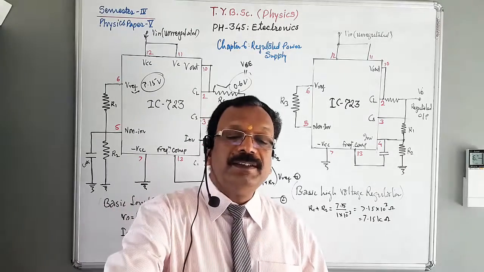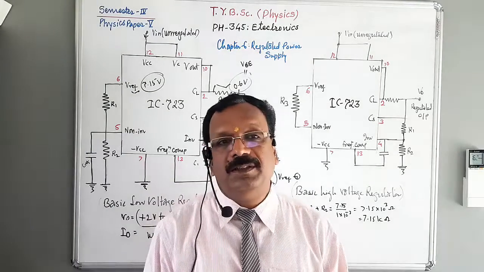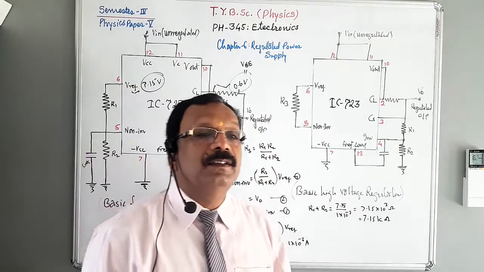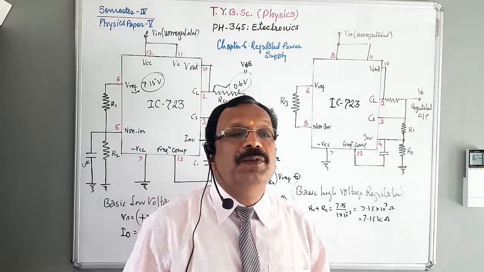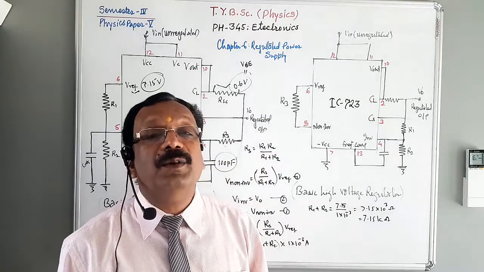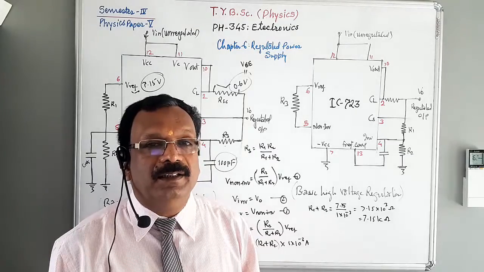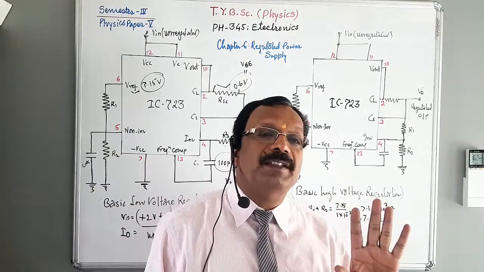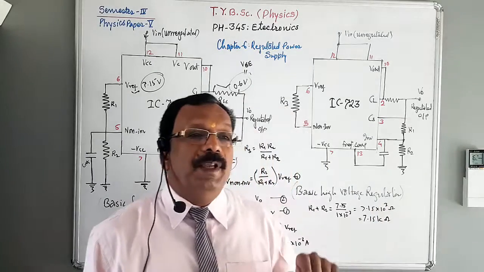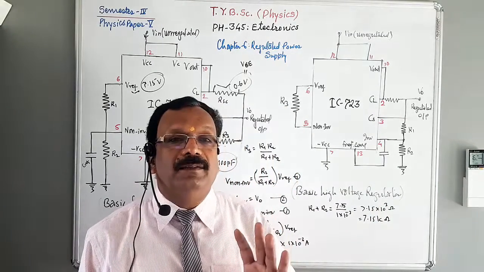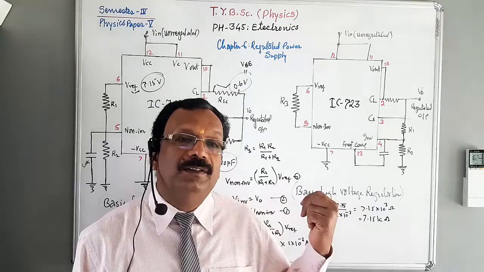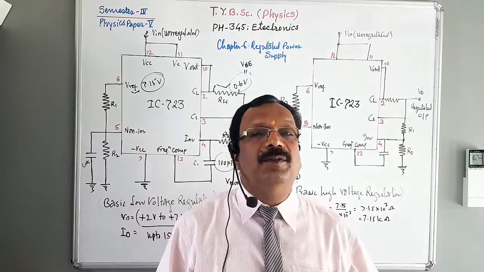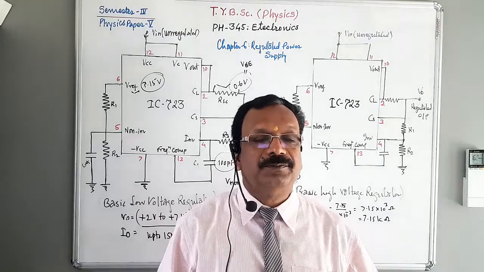Now, the second application of IC 723 is that it can be used as a high voltage regulator. That means the second important application of IC 723 is the basic high voltage regulator. So the second point of this article is the basic high voltage regulator using IC 723.